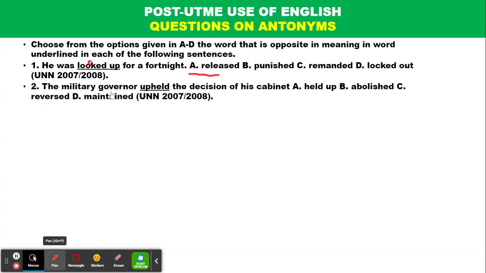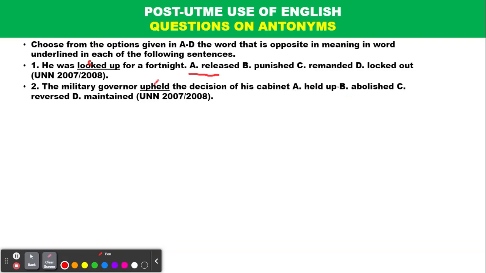Then question number 2, also taken from UNN 2007/2008. The military governor upheld the decision of his cabinet. When you uphold a decision, you approve it, you confirm it, you say, yes, it is acceptable, it has to stand. Then we are looking for the opposite. A, held up.